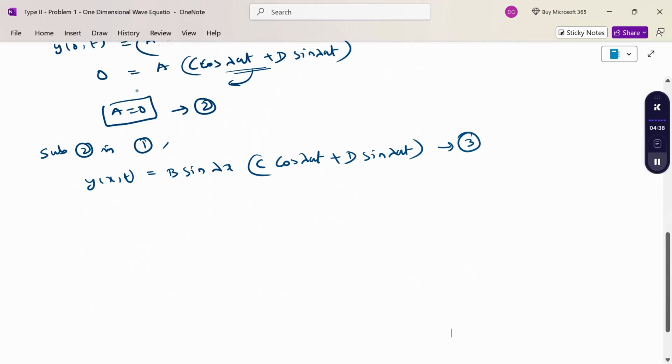Now I have used the first condition to get A = 0. Then I apply the second condition with equation 3.